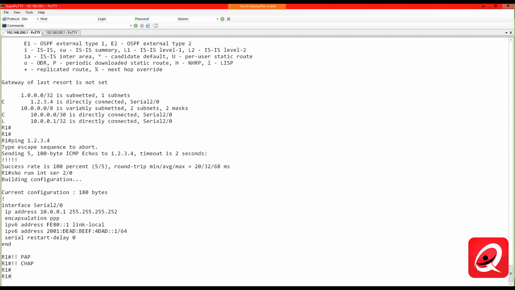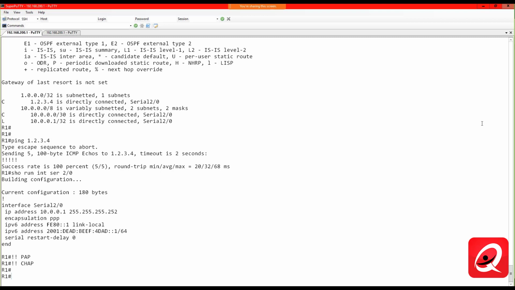Here we're identifying the authenticator and the authenticatee. Let's say router 1 on the left is the authenticator, and router 2 on the right is the authenticatee. Now, we could configure, for example, PPP PAP refuse if we want to refuse PAP authentication, or we can set the username and so on.